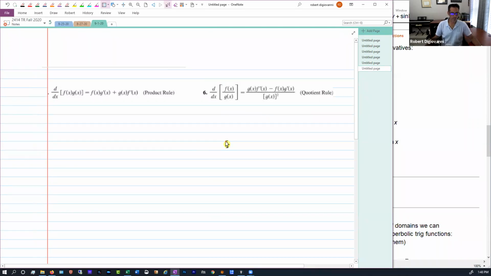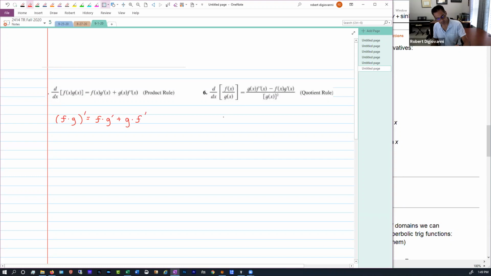Okay, there are the product and quotient rules from Cal 1. So I'm going to use a slightly different notation, and let's see if we agree with this. This first product rule, according to the textbook, is saying that if you take f times g and take its derivative, it's f times g prime plus g times f prime.